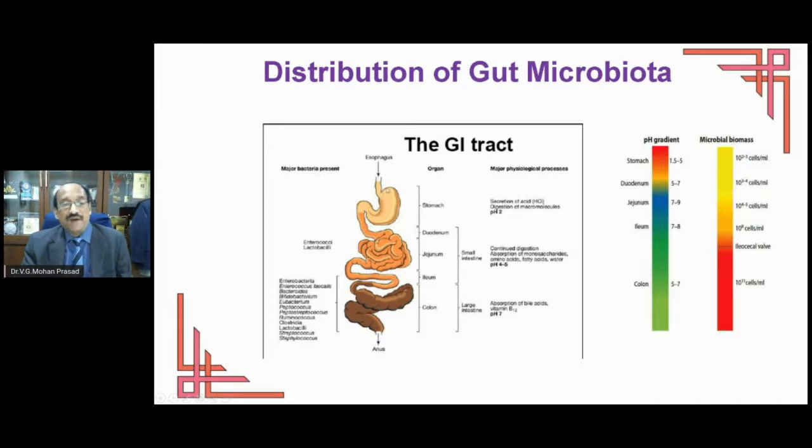The stomach is void of bacteria except for politicians like Helicobacter pylori, which know how to survive in an acid milieu by providing an alkaline milieu around them. But it doesn't happen with most of the bacteria, they get destroyed. But as you move down, the count starts increasing as the pH starts becoming less acidic and almost neutral or alkaline.